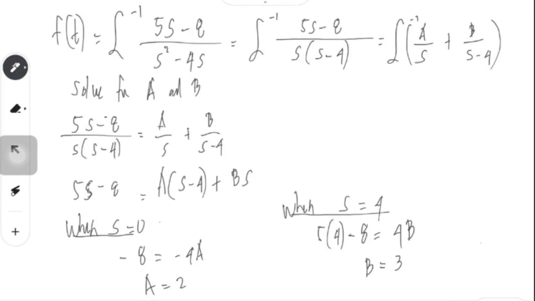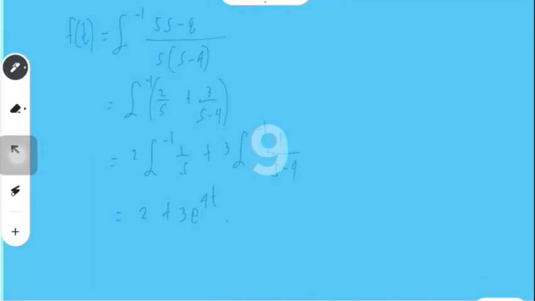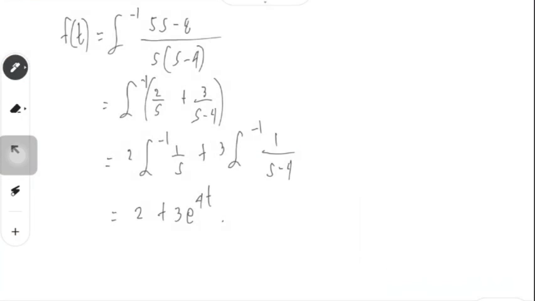So using this procedure, we were able to determine a and b, and if we substitute, we have this as the final answer. Na-reduce na natin sa standard form, yung numerator saka yung denominator. Siguro yung pinopropose niyong solution kanina, counting modification pa, lalabas siguro itong solution na itong sagot na ito.